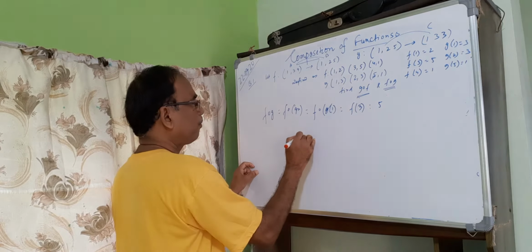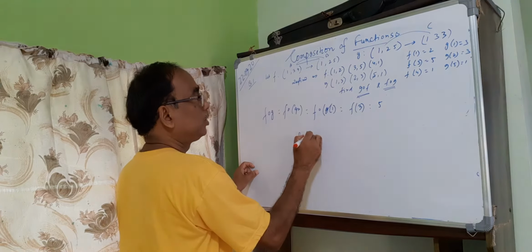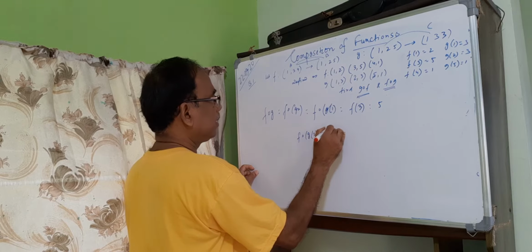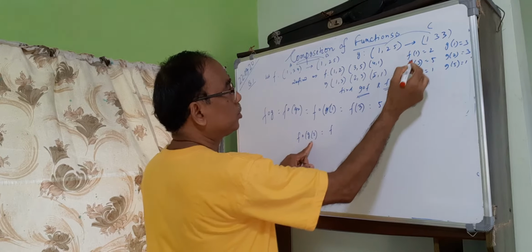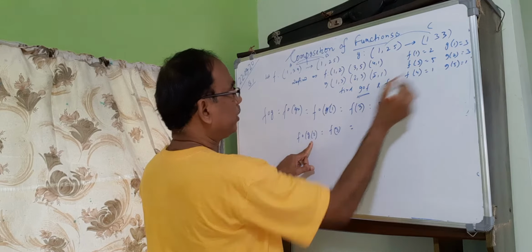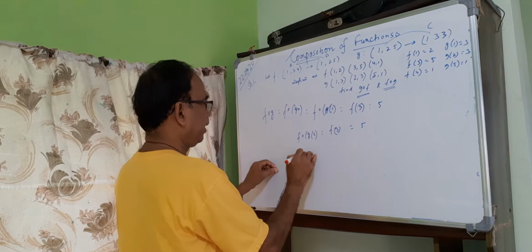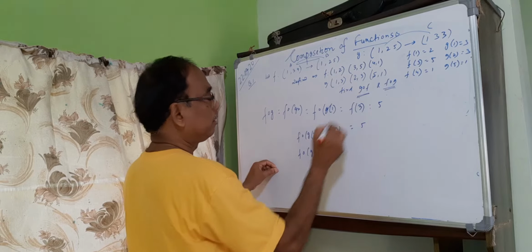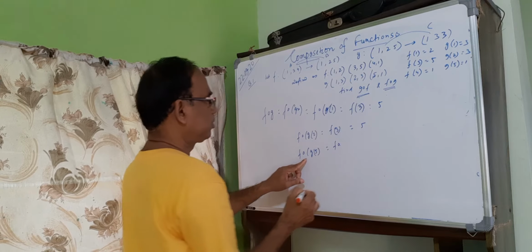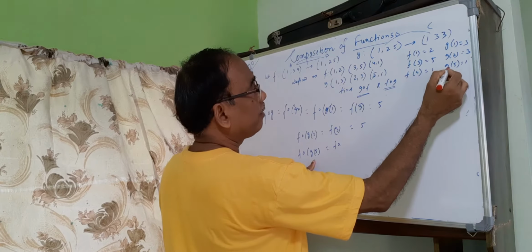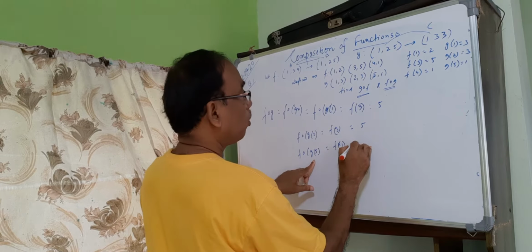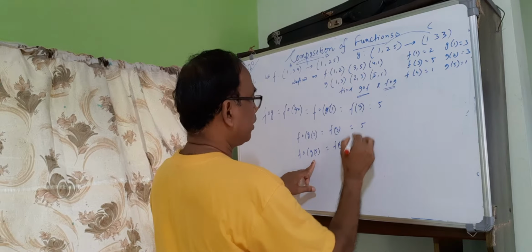Again, F of G(2): G(2) is 3, and F(3) is 5. Then F of G(5): G(5) is 1, that is F(1). What is F(1)? F(1) is 2.